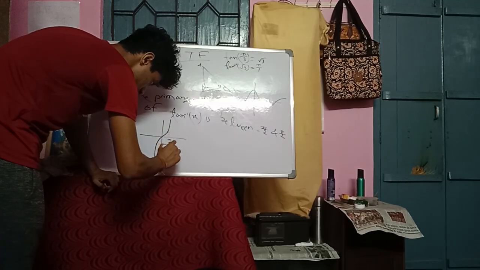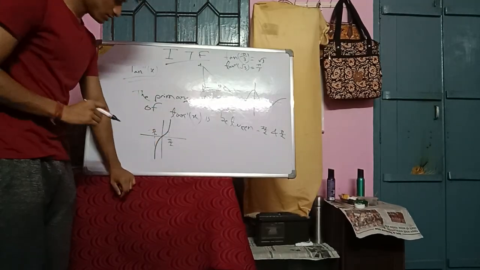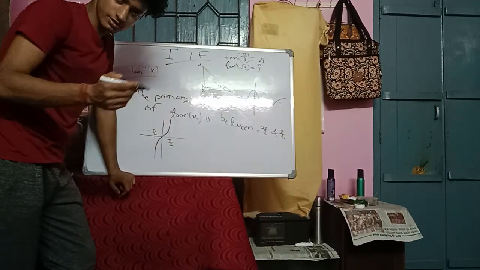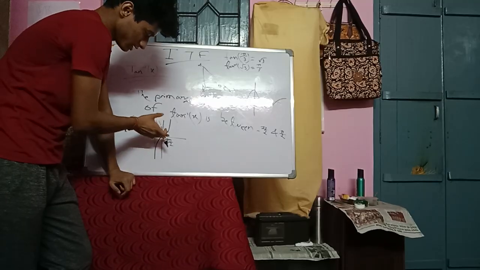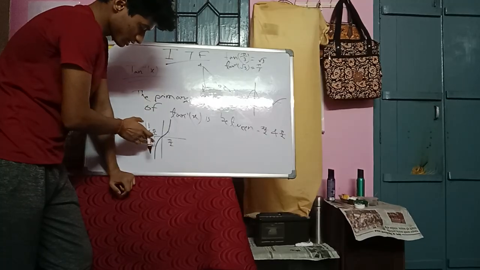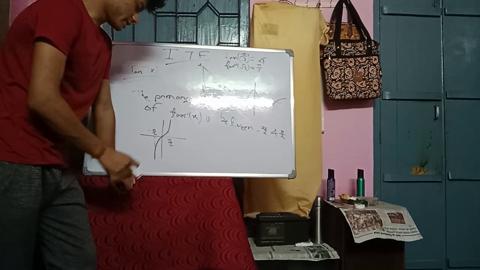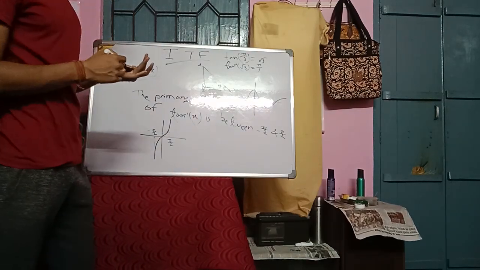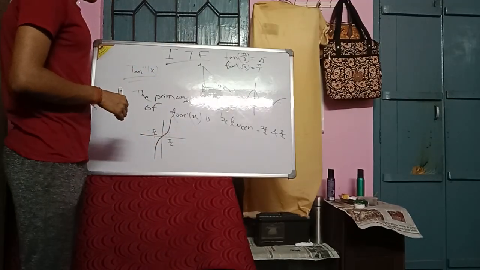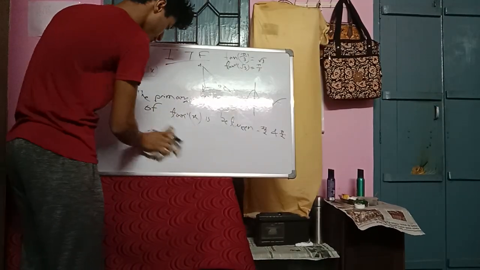This is positive pi over 2, and this is negative pi over 2. On the right side, the y value of tan theta shoots up to infinity. On the left side, it shoots down to negative infinity. So definitely both of these values are undefined. So for tan inverse of x, first of all, the value of x can be infinity, and secondly, the output of tan inverse of x can never be infinity.